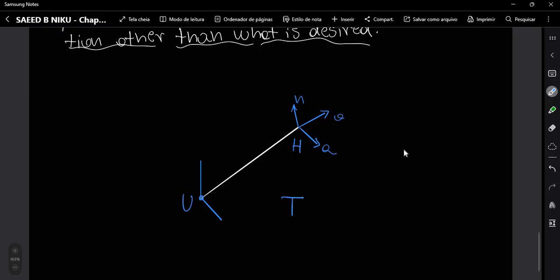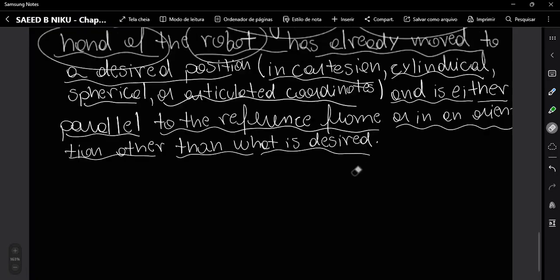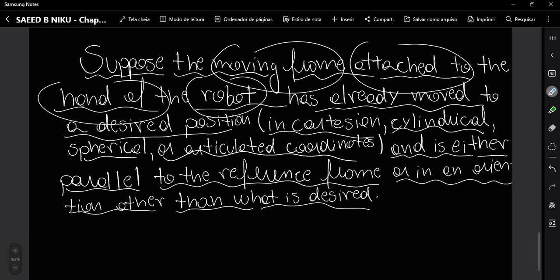So let's say we can write a transformation of the H frame in relation to the U frame, something like that. Okay, so we are doing the interpretation of this statement, which is the description of the task that the robot is doing. At this point you know that it's very important to know how to interpret these statements, these descriptions.